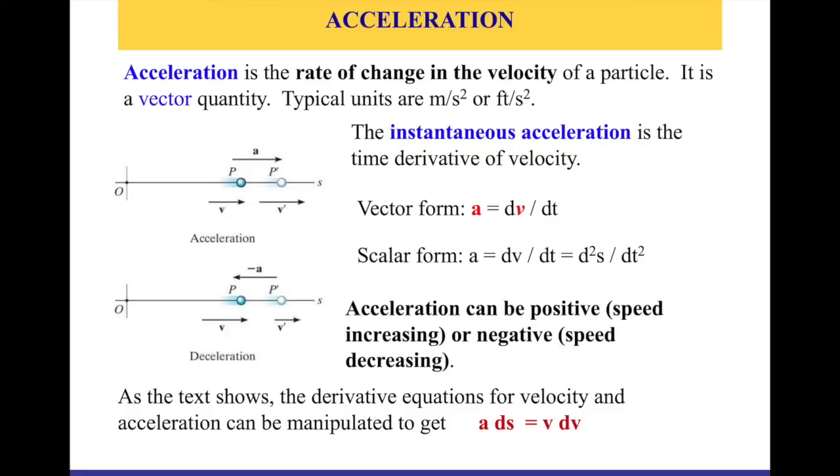We're going to use this in a couple of ways in the following videos. So this is acceleration and how we are going to be looking at it. Keep in mind, instantaneous acceleration is a derivative, and we can do integrations to go from acceleration to velocity to position. We can also use the formula that allows us to find velocity as a function of position, which is a ds equals v dv.